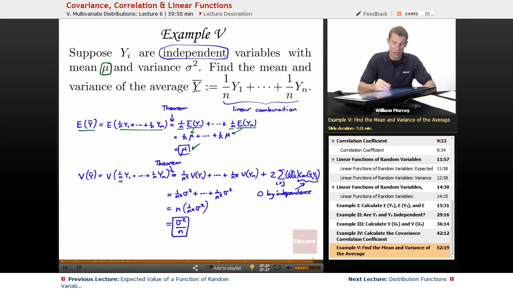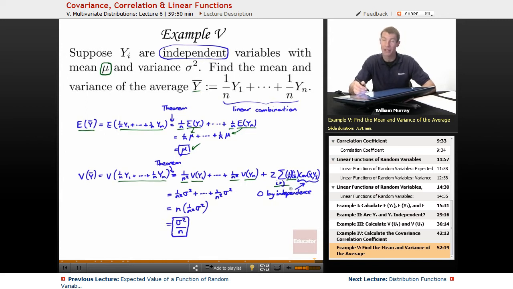The variance of a linear combination, again, you can split it up into all the separate variances, but when you pull out the coefficients, they get squared. So that's why we get 1 over n squared on each of these coefficients. And then there's this cross term, 2 times the sum of the coefficients.